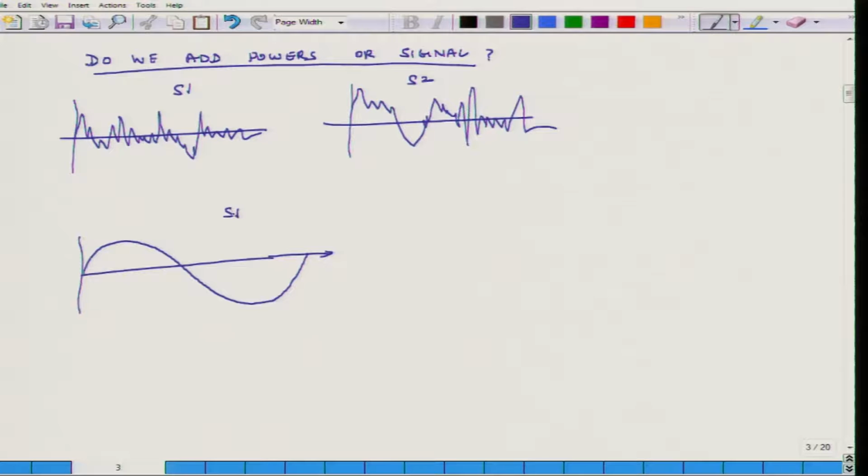So, this is S1, and the second source is also a nice sine wave, same frequency, and they also happen to be in phase. Okay. So, this is scenario 1 and this is scenario 2. Signals of this nature in scenario 1, they are uncorrelated signals.